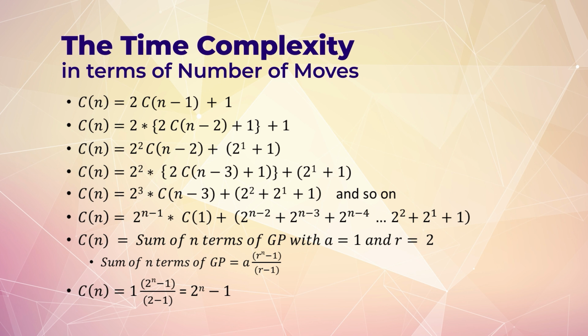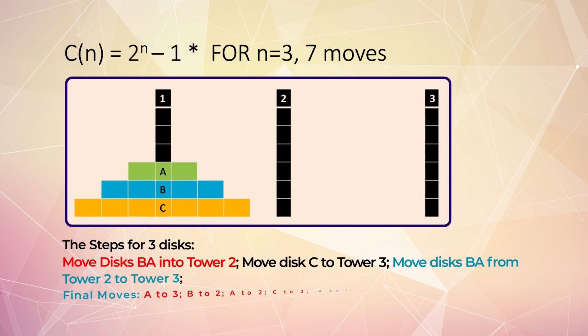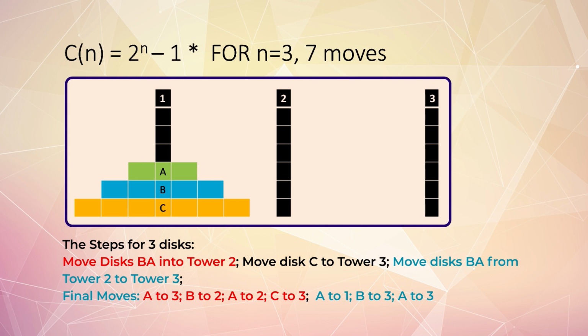Now that is the final complexity. This is basically defining the total number of moves which are required to move n disks from tower 1 to tower 3. That is what happens. Let's experiment with this, whether it works or not. All right. So what we found out is Cn equals 2 to the power n minus 1.